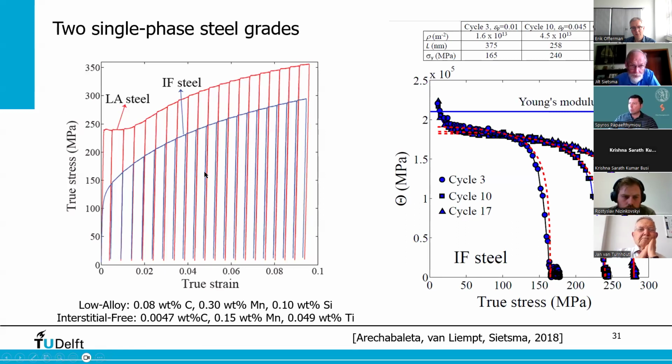Cycle 10 is somewhere over here, and cycle 17 is somewhere over here. So those 3 loading curves, we took the derivative, we made an extended Cox-Making plot, we fitted the equation that I showed before, and we get this type of values, again, realistic values for the dislocation structure parameters.